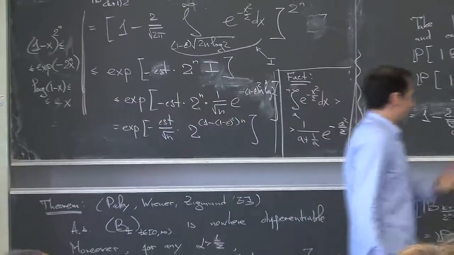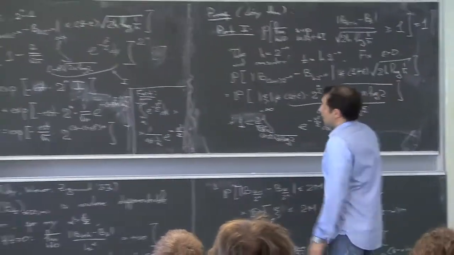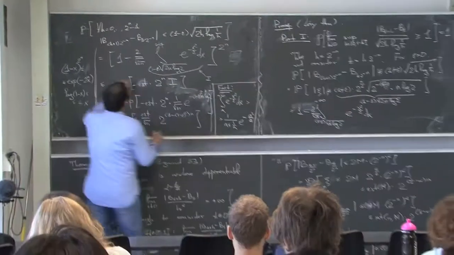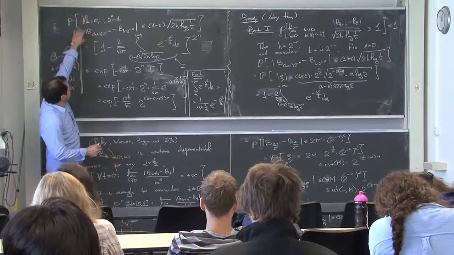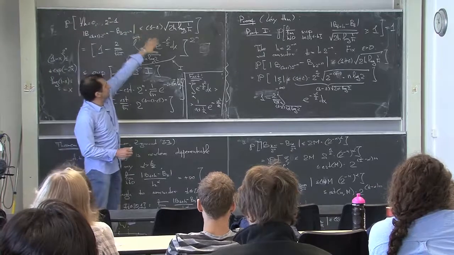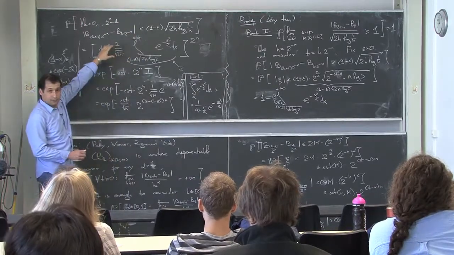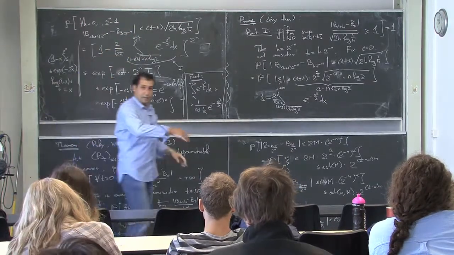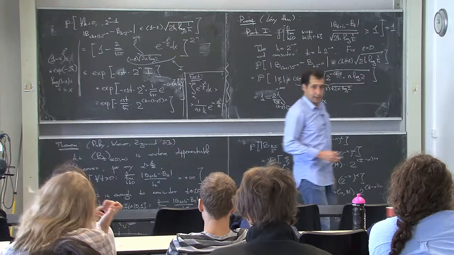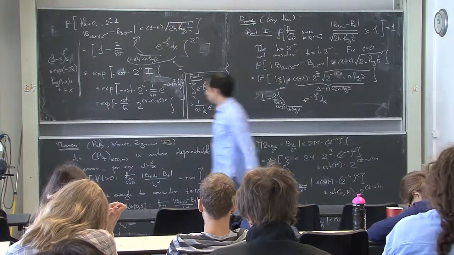So what does it mean? It means that, again, Borel-Cantelli tells us that only a finite number of these events can happen, right? So it cannot happen for all the n's simultaneously. I mean, eventually, right?